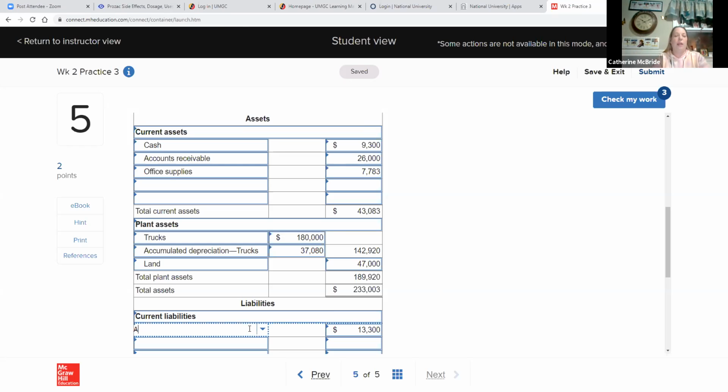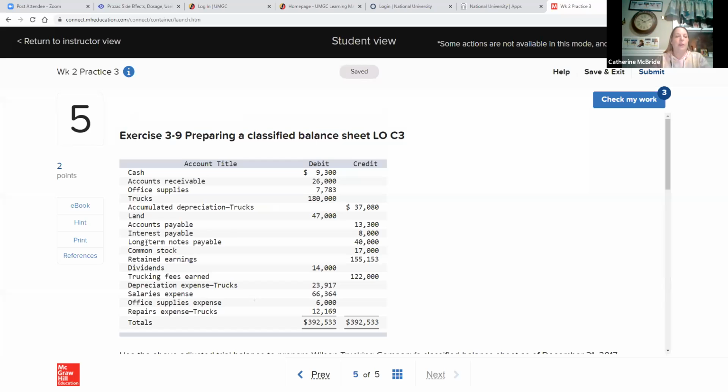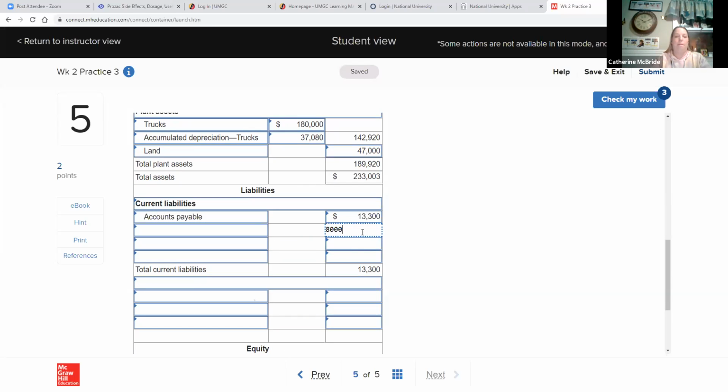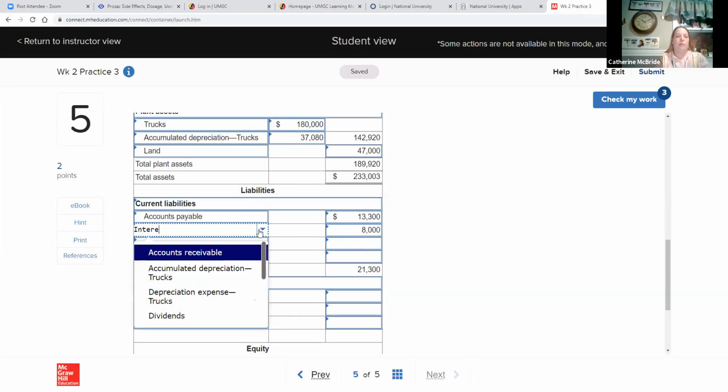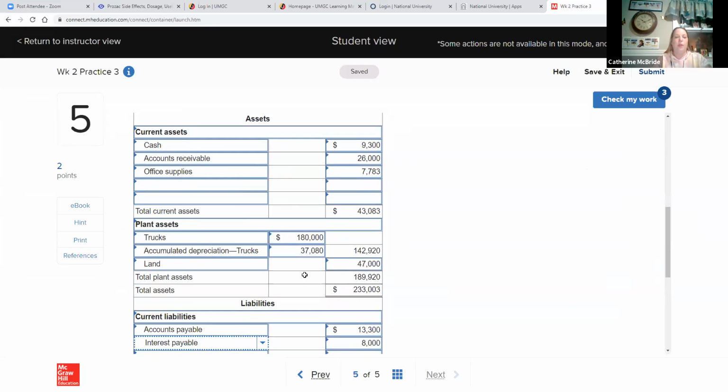All right, so this is accounts payable. And then the next liability is interest payable for 8,000. And then, okay, long-term notes payable, that obviously is not a current liability.